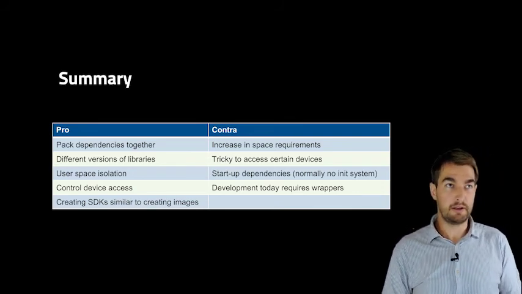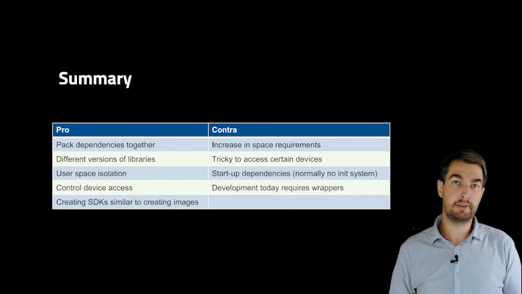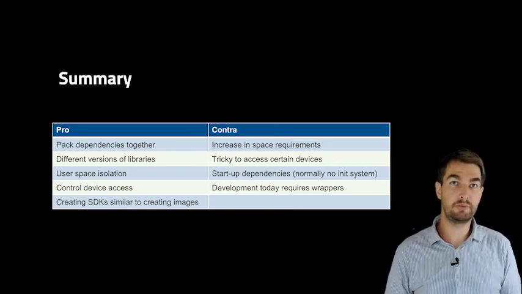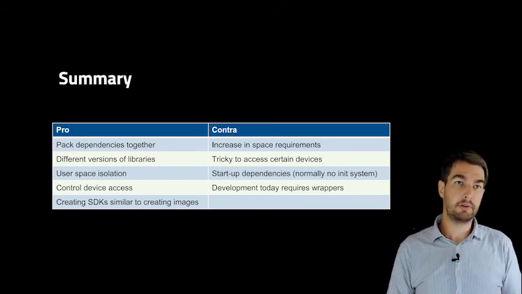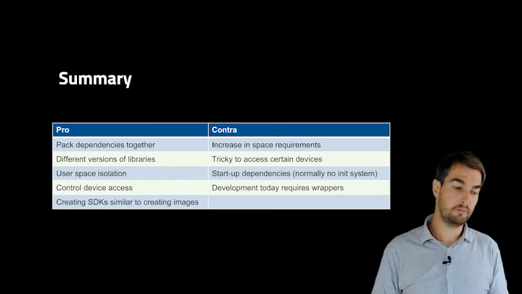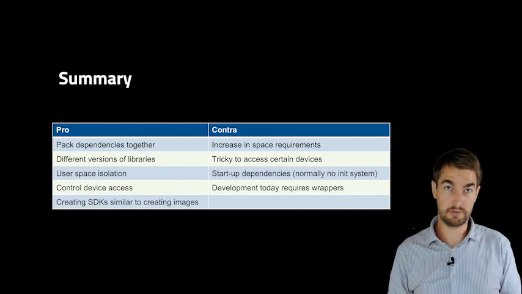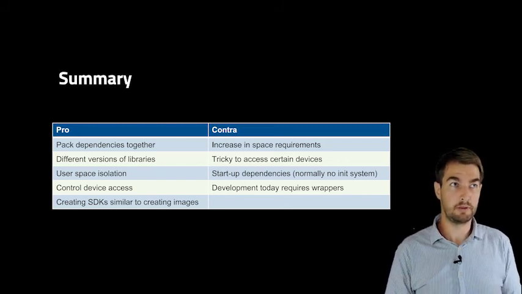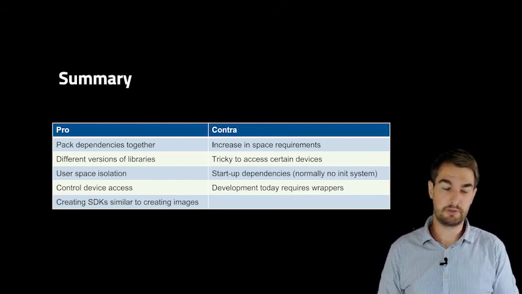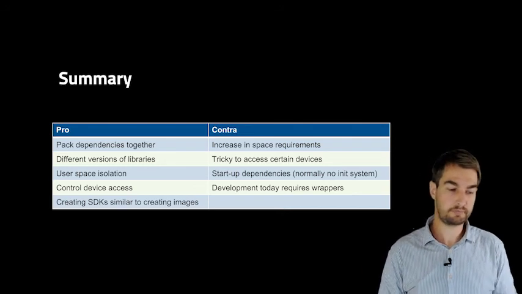And creating SDKs is similar to creating images. So if you are familiar with Yocto, it can be quite hard to understand what you do there. With using a container, it's normally just using a distribution, and you write that into a file.